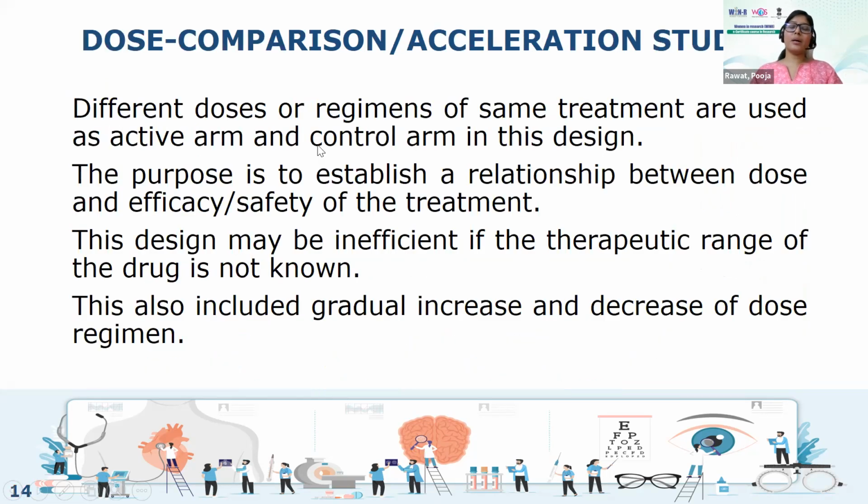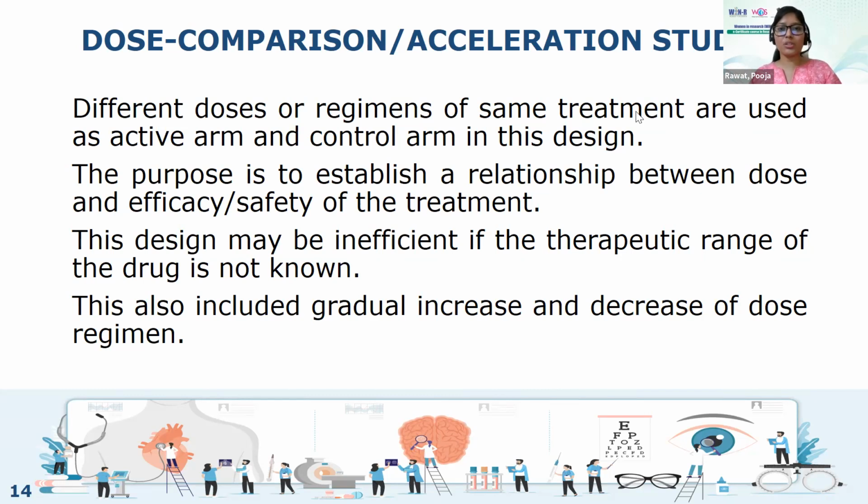Okay, then we'll come to the dose comparison and dose acceleration studies. So here we can compare different regimens in the same study. Suppose in one treatment group, you are giving a medicine at 50 mg, another group 30 mg, and another 10 mg, just to check which is more effective, or whether all three are effective.